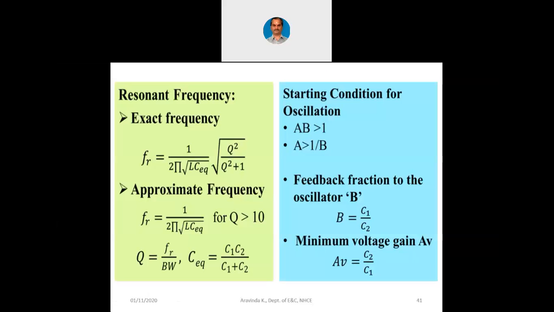Q is equal to FR by bandwidth, C equivalent is equal to C1 C2 by C1 plus C2, and beta is equal to C1 by C2, AV is equal to C2 by C1. Because A beta we have to match at least equal to 1. If A is greater than 1 also no problem for us. A beta has to be minimum C2 by C1 that way. If it is more than that, no problem for us. So with this recap, let me give you an exercise now.